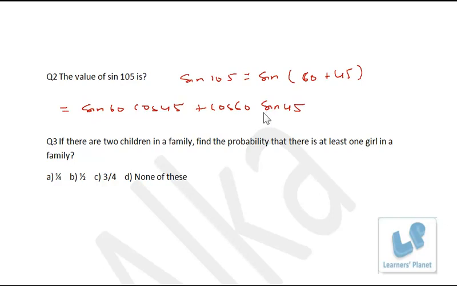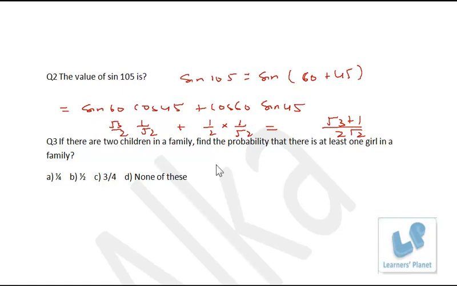It's not the distributive property that you are using here; you cannot write sine 60 plus sine 45. That's incorrect. Now sine 60 is root 3 by 2, cos 45 is 1 by root 2, cos 60 is 1 by 2, and sine 45 is 1 by root 2. So that is (root 3 plus 1) upon 2 root 2. That is the value of sine 105, right?